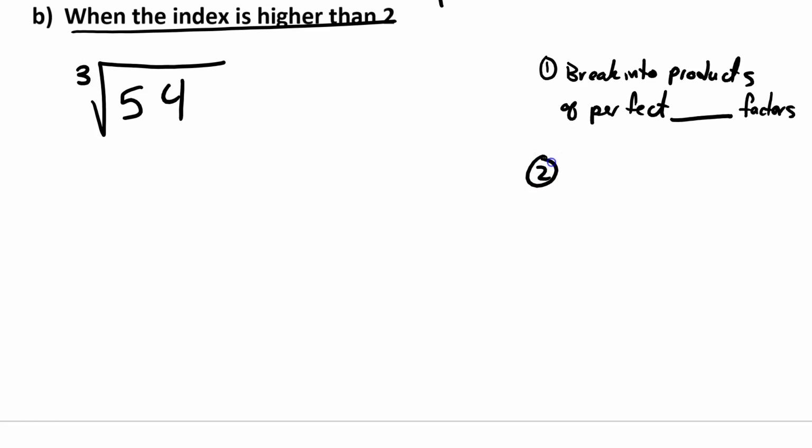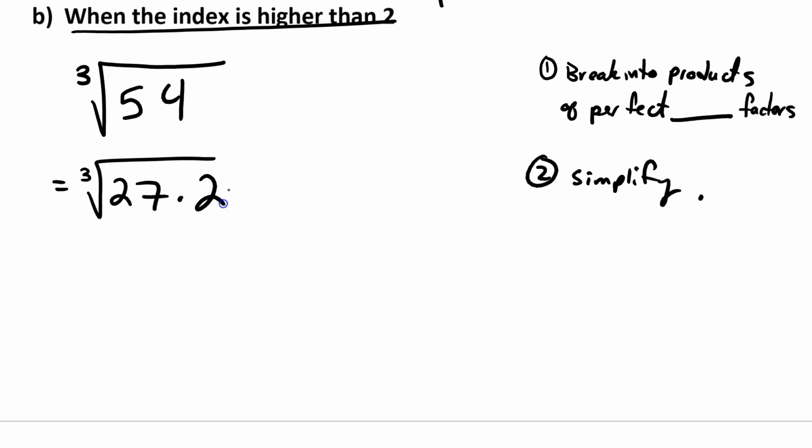And then 2, simplify. So I'm going to break it up into perfect cube factors. So the cubed root of 27 times 2. So then I'm going to say, okay, the cubed root of 27 times the cubed root of 2.